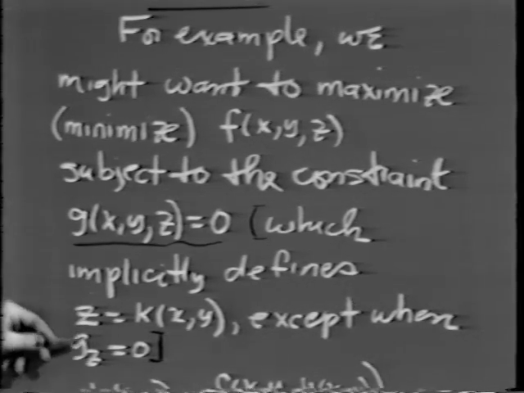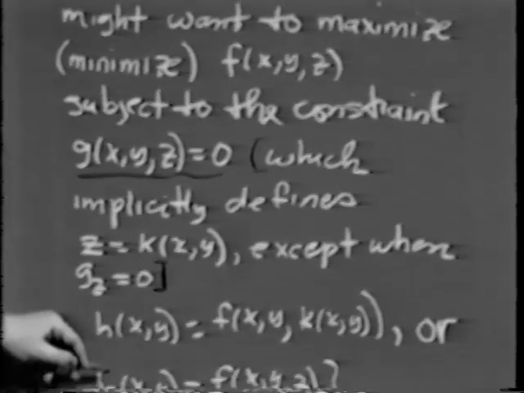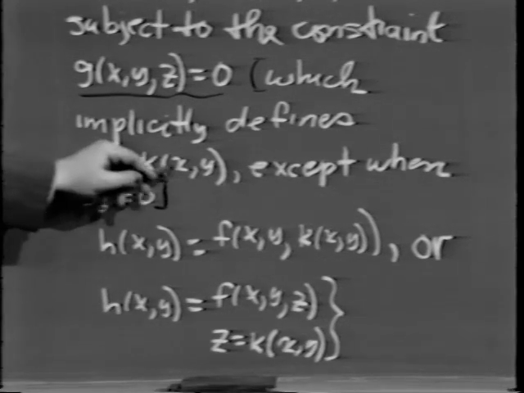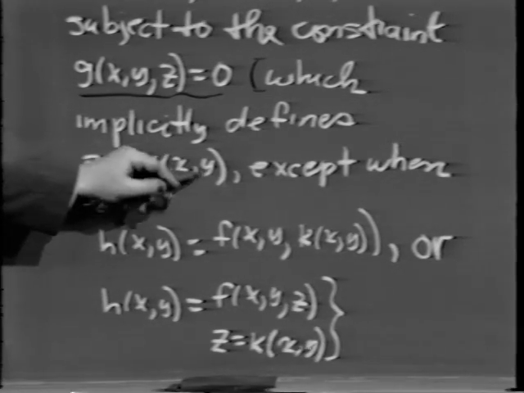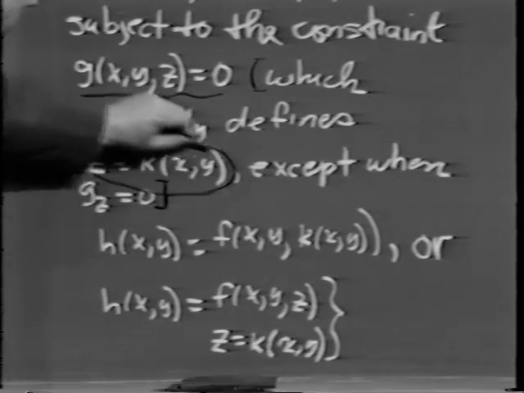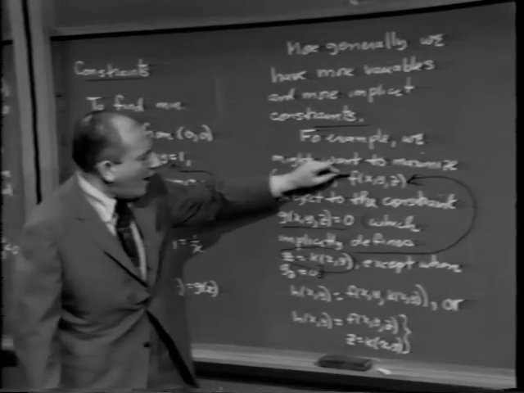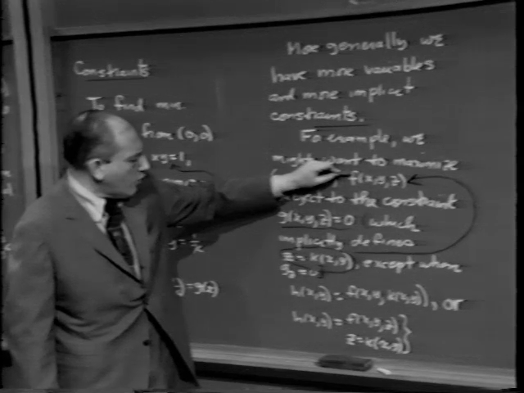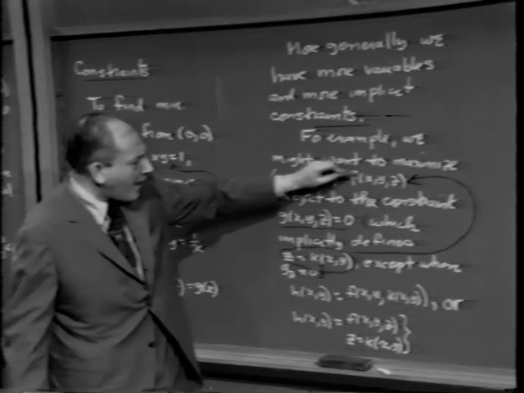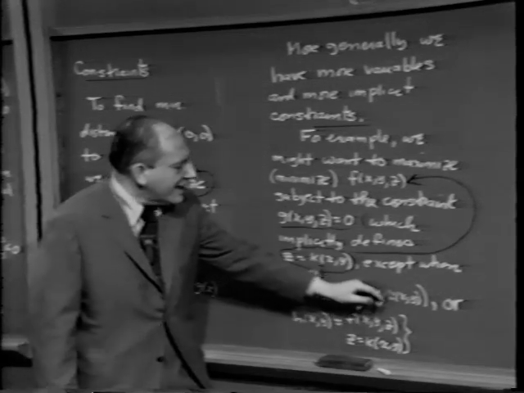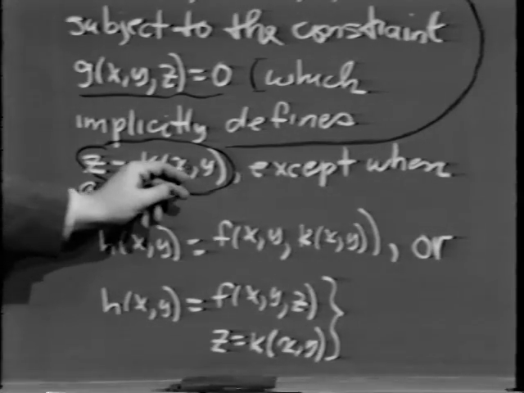At any rate, what this means in plain English is that subject to the constraint that z is some function of x and y, we take this constraint and put it back into our original function that we're trying to minimize, or maximize. Notice that f of x, y, z now becomes f of x, y, k of x, y. See, z is k of x, y.